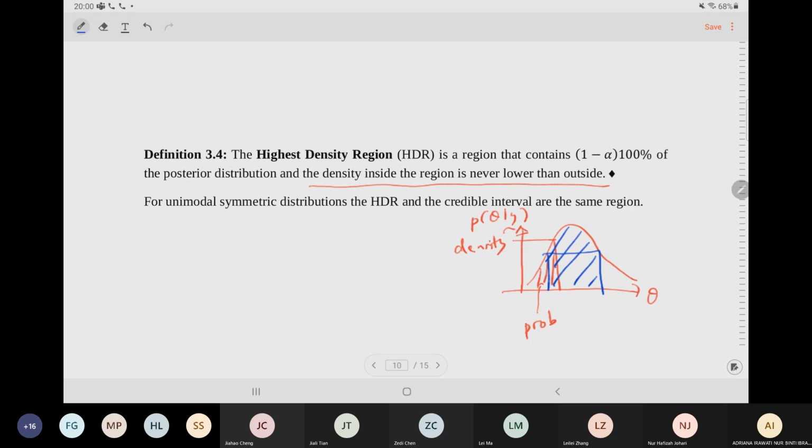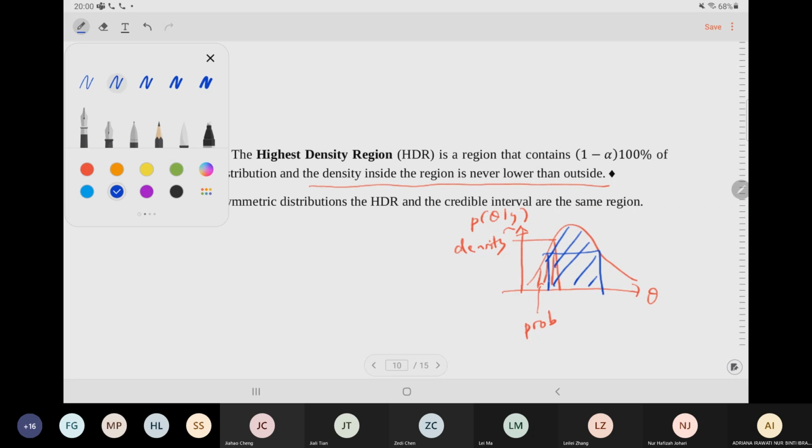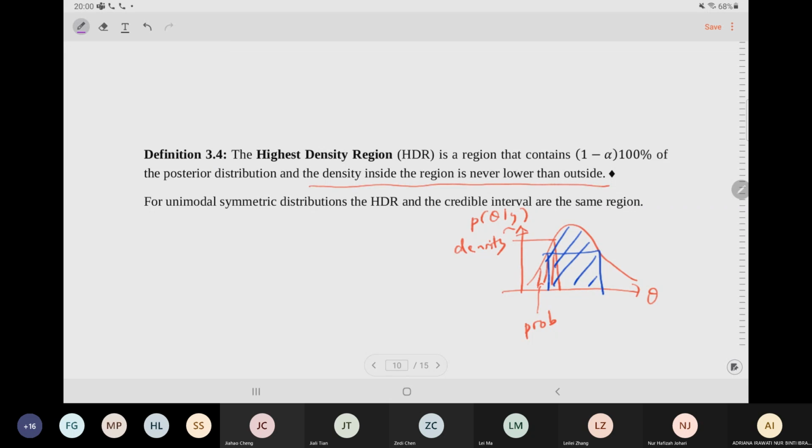Then the height inside the region is never lower than outside. If this is your region, the blue one, then the outside height is this one. You can see the height of the graph inside is never lower than the height from outside.